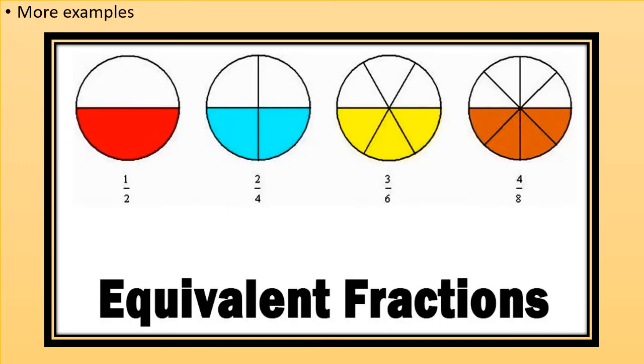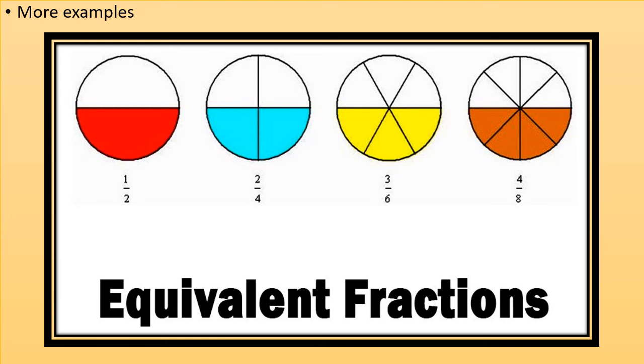Now let's see more examples of equivalent fractions. Now the shaded part of each circle represents equivalent fractions. See the first circle. It is divided into 2 parts, and out of which one is shaded, so it is 1 by 2. Second, 4 equal parts, out of which 2 are shaded, so 2 by 4.